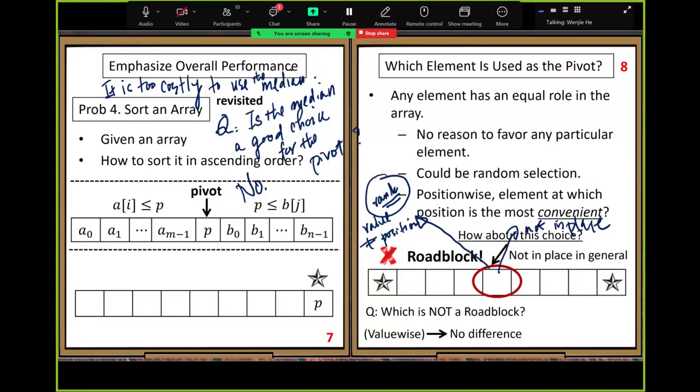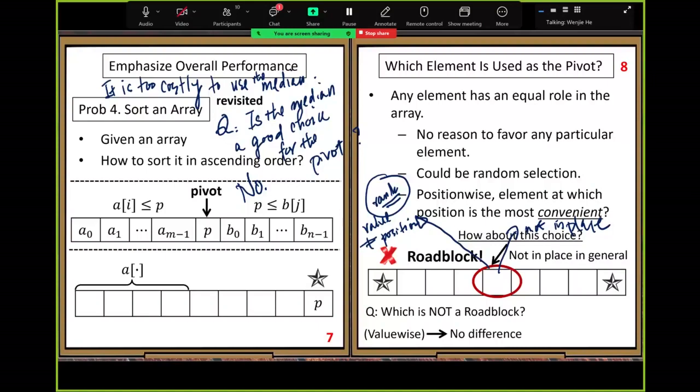Here, I use the right endpoint. In our textbook and other places, they may use the left endpoint, but the result is the same. Some books use the right endpoint, and some algorithm implementations use the left endpoint.